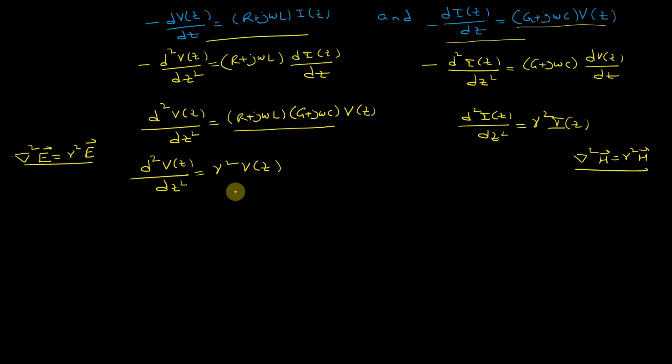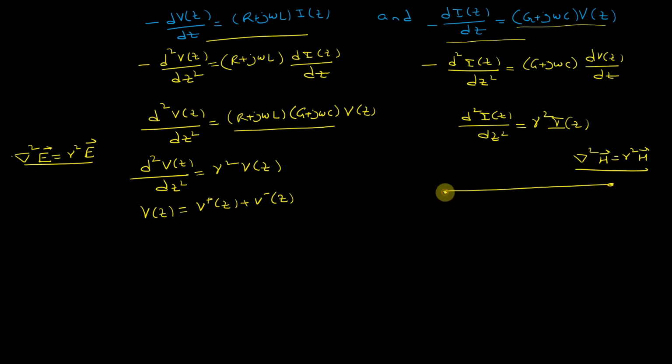If you find the solution of this equation, similar to the electric field solution, you can write V(z) is equal to V plus e raised to minus gamma z, plus V minus e raised to plus gamma z.